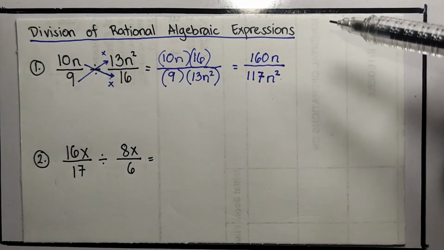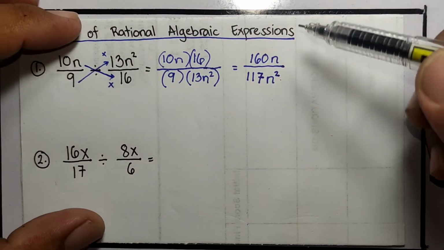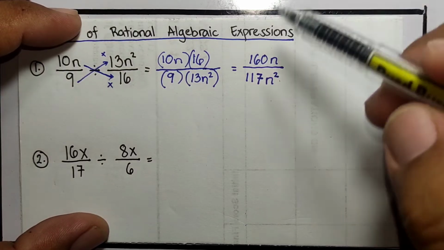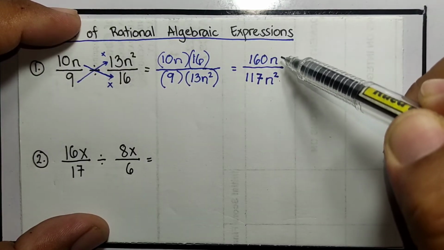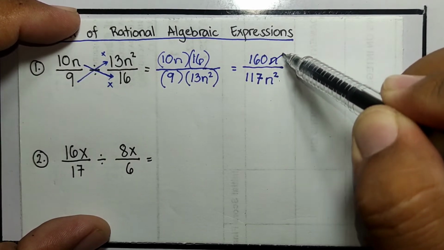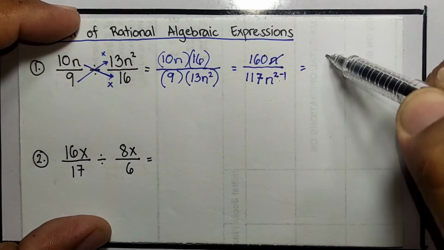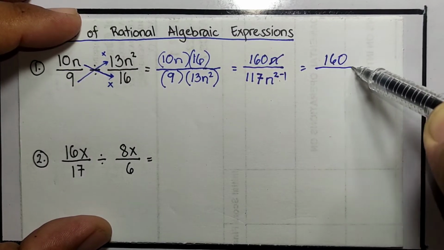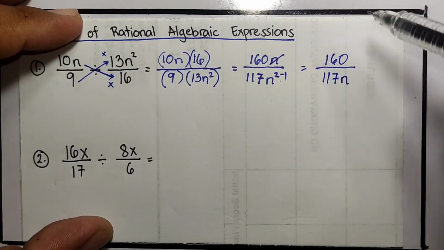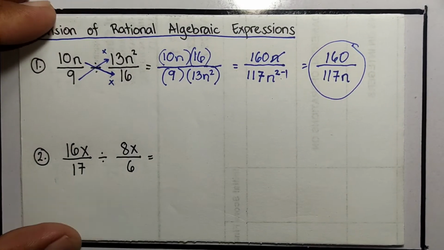Then simplify 160 and 117. They don't have a common factor, so we cancel out n, and we have 160 over 117n. And this would be the simplified one.